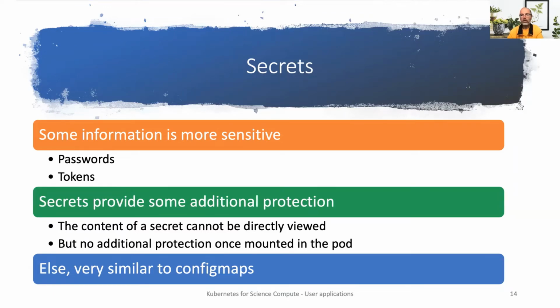That said, once it's mapped inside a pod, you can still access it. So the protection is somewhat limited, but it's still good practice to use secrets whenever appropriate, because it does provide a little bit of protection compared to config maps. And apart from that, they are very similar to config maps.